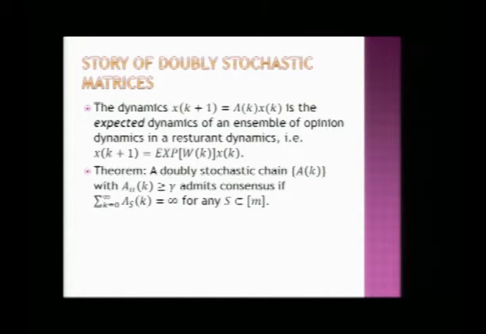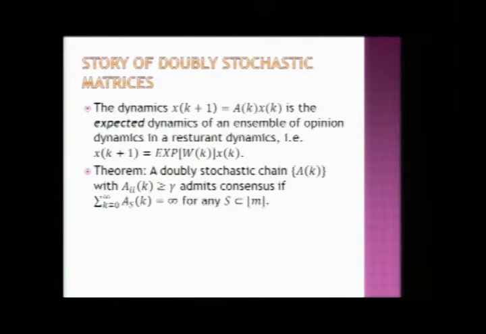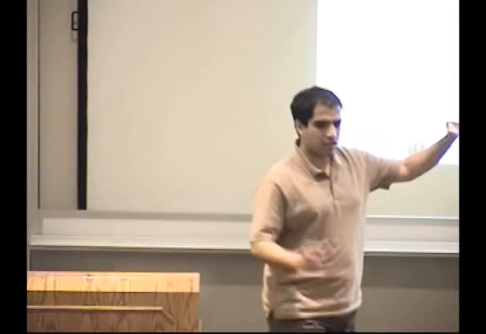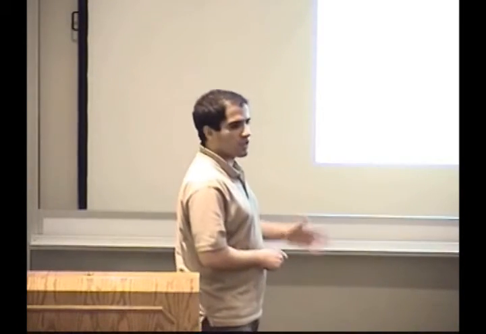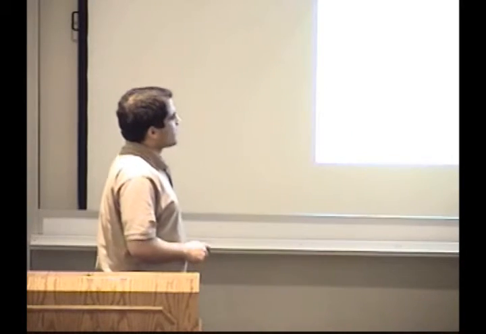Using the Borel-Cantelli lemma, you can show that they admit consensus if the summation of A_S^k, where A_S is the cross terms between S and S bar in matrix A_k, that is, the summation of a_ij such that i is in S, j is in S bar and reverse, is infinity.